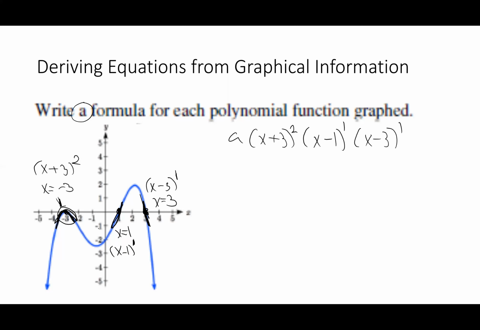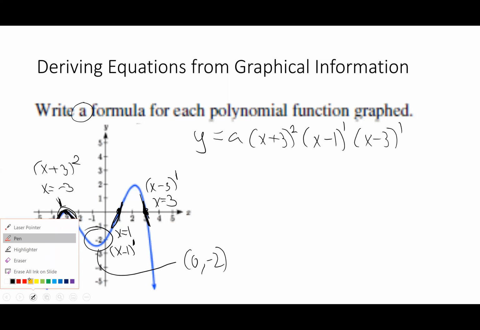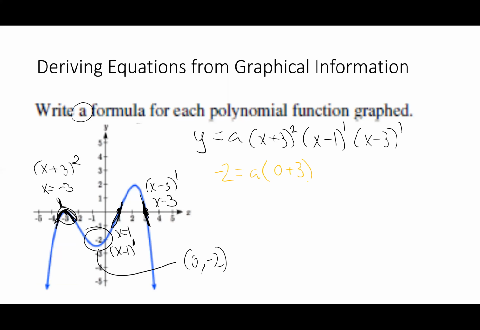All right, now observe as well. I've got this coordinate pair here, (0, negative 2). That's everything I need to find my a value. So now we do that. We say, okay, my y value is negative 2, and my x value is 0. Notice I'm not writing the first powers at this point because we already know what's going on there.